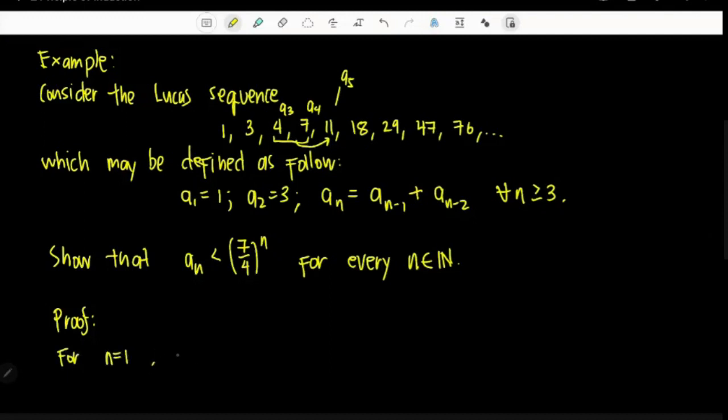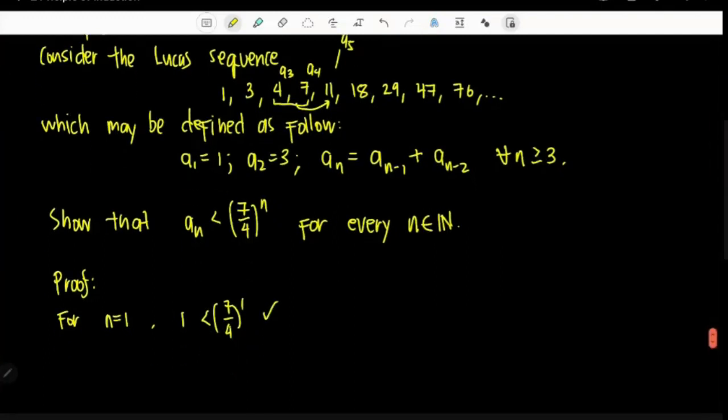So for n equals 1, we have 1, which we know to be less than 7 over 4 to the 1. Since this is true, then the proposition is true for n equals 1. For n equals 2, the proposition is 3 is less than 7 over 4 squared.